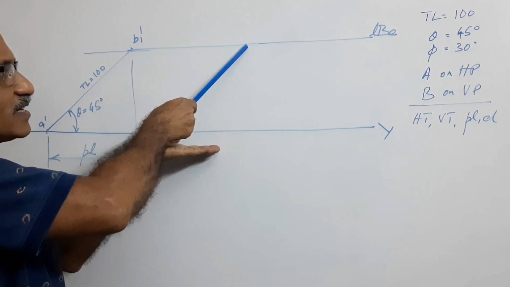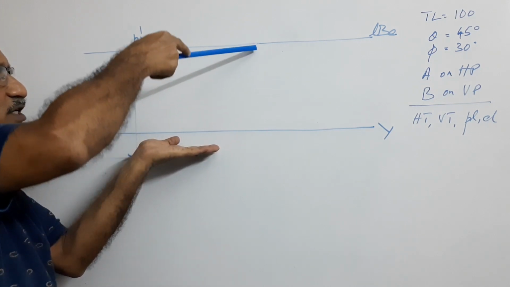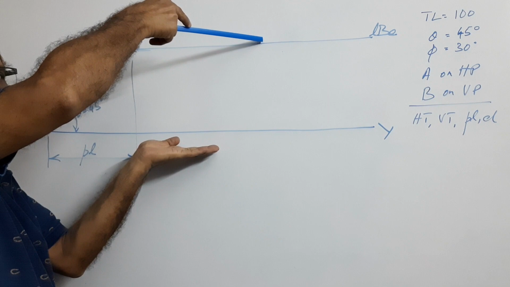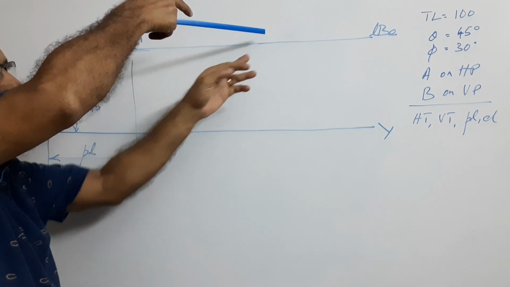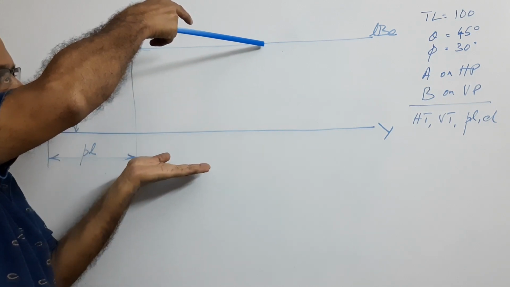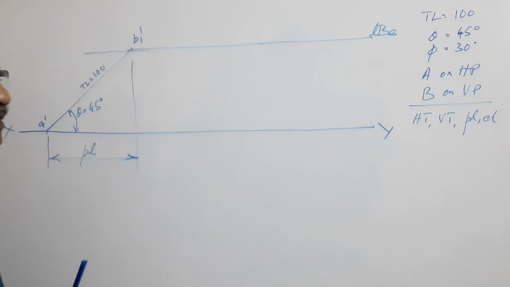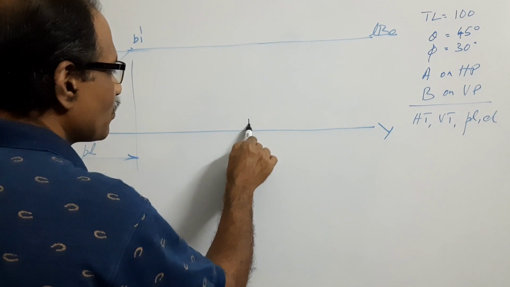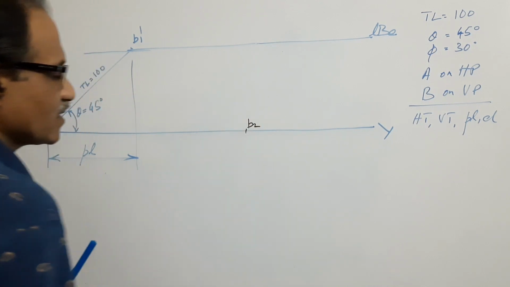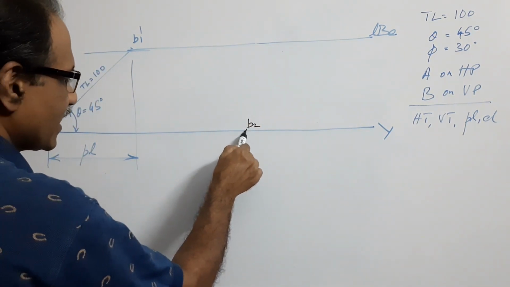This is the line. Now I am going to take the line parallel to HP like this. The point given on VP is maintained, and the line is parallel to HP. What's the plan? True length. I take B2 there and draw a line at phi.